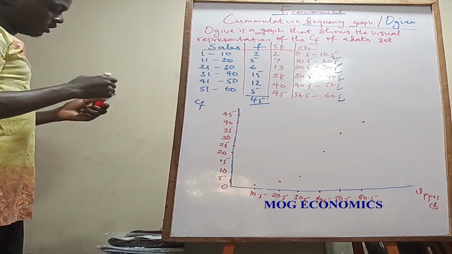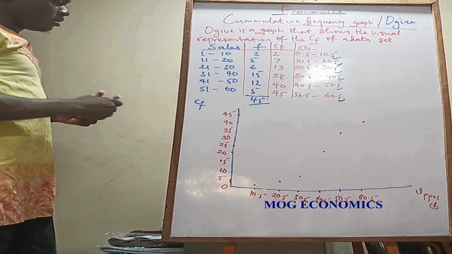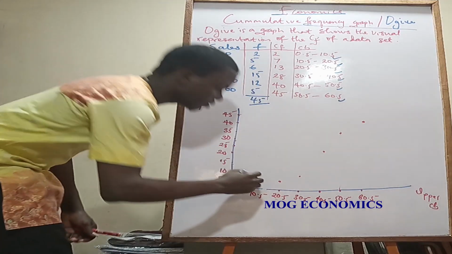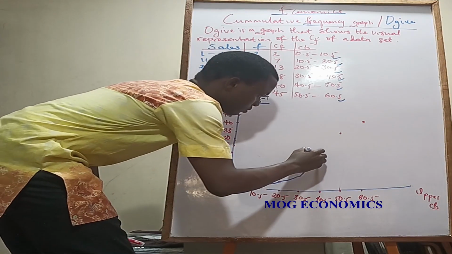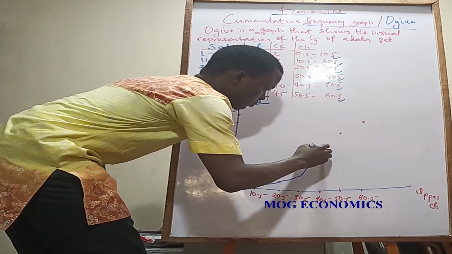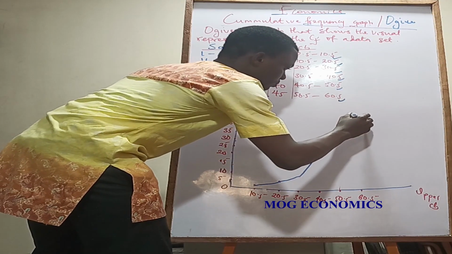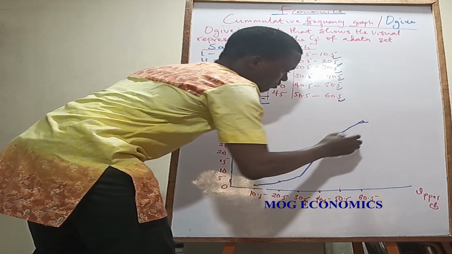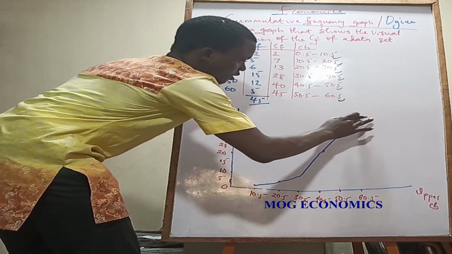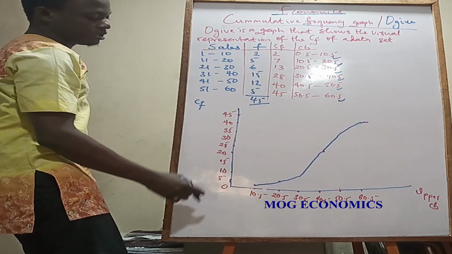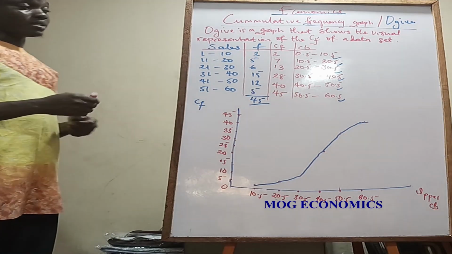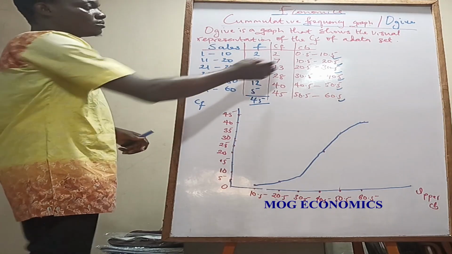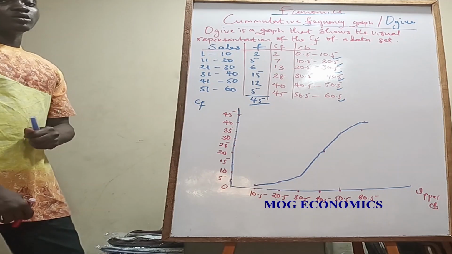If you want to sketch this graph, you are going to have something like this. But the thing about cumulative frequency is it must start from the x-axis, not the origin. That's why the first class boundary is also included.